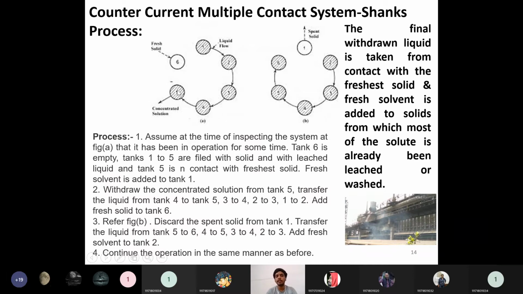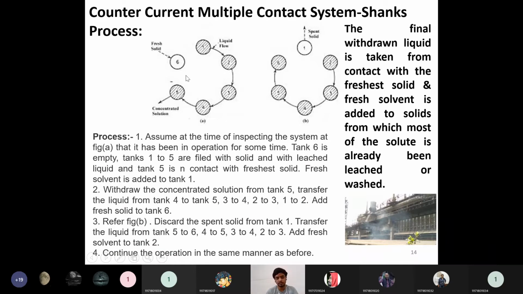Tank 5 is filled last: at time t = 0 this tank is filled with solvent and solids, and at t = 1 minute, the next, and so on until t = 5 minutes, this one is filled.